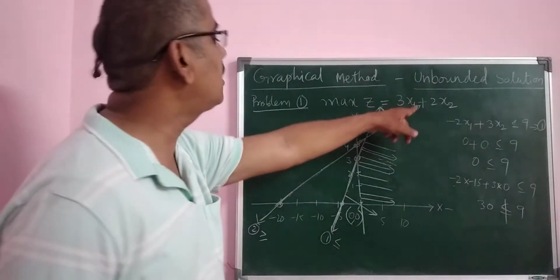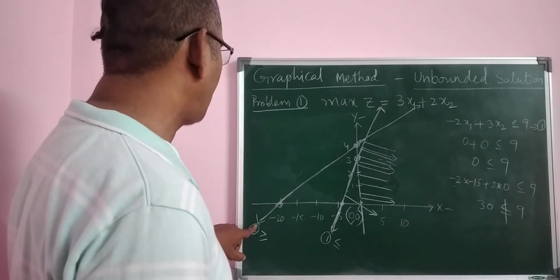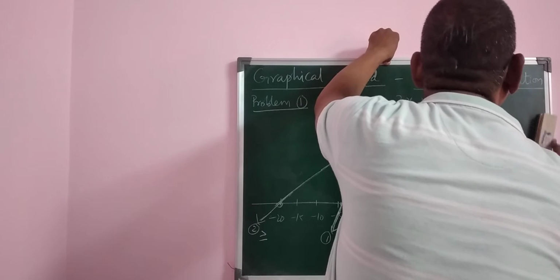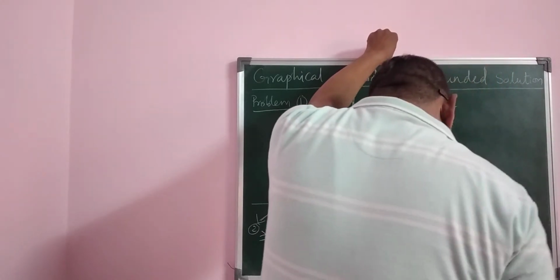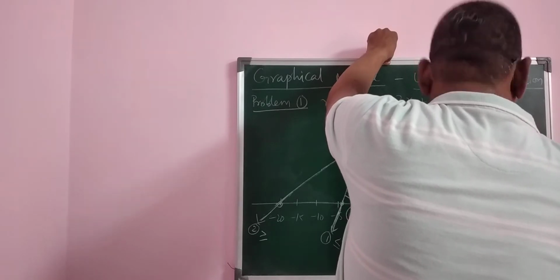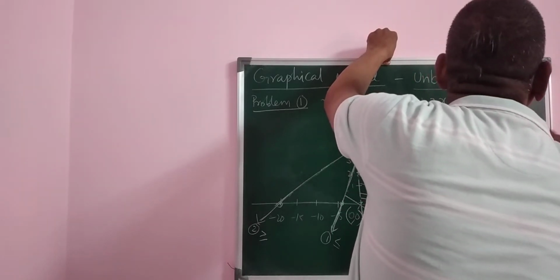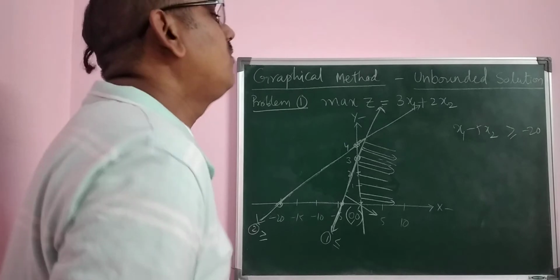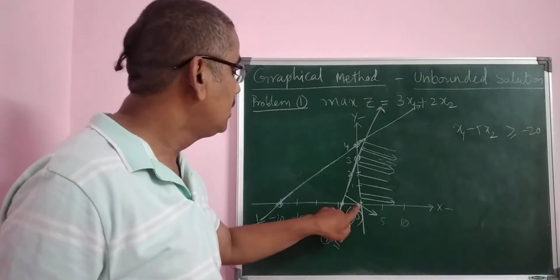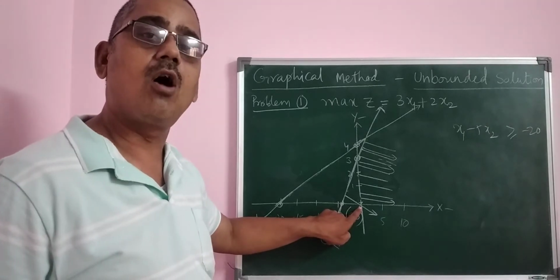And again you consider the second equation. I write the second equation. Hope you have understood the first equation. Now consider equation number 2. It is x1 minus 5x2 greater than or equal to minus 20. Now you take one particular point, the origin 0, 0.